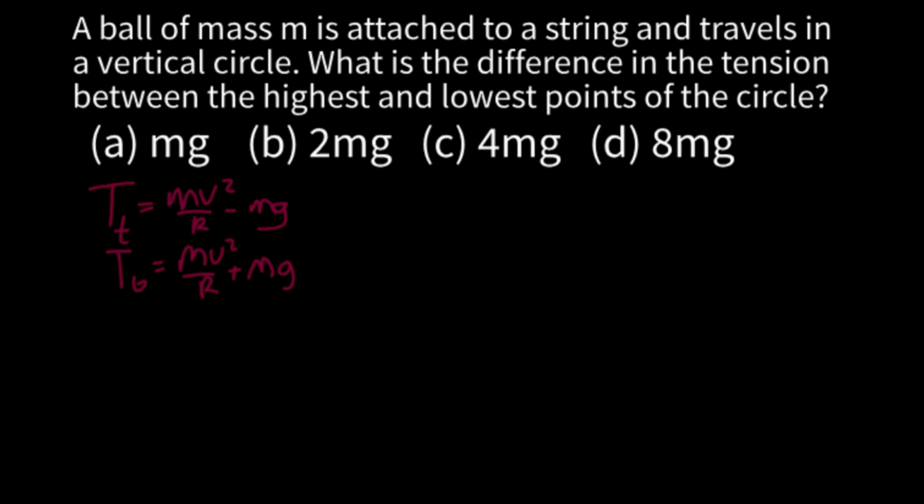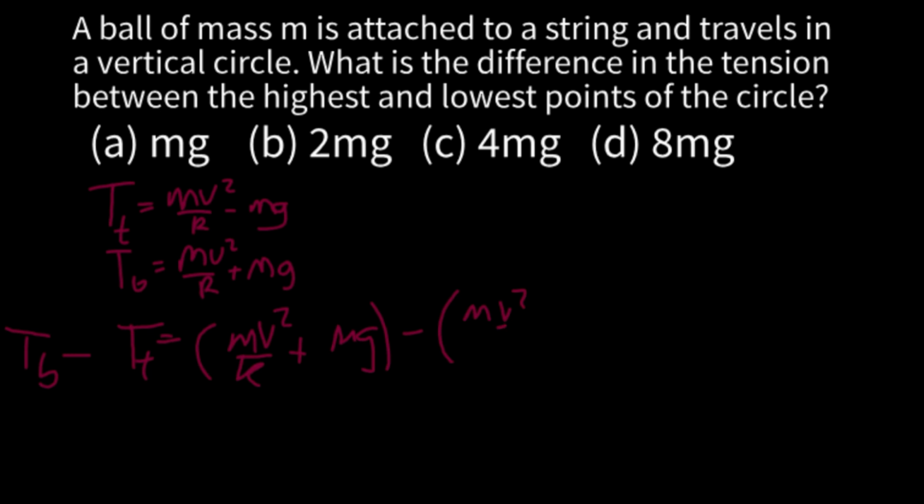So because tension at the bottom is greater, we're going to do T sub b minus T sub t equals mv squared over r plus mg minus mv squared over r minus mg, and that will give mv squared over r plus mg.